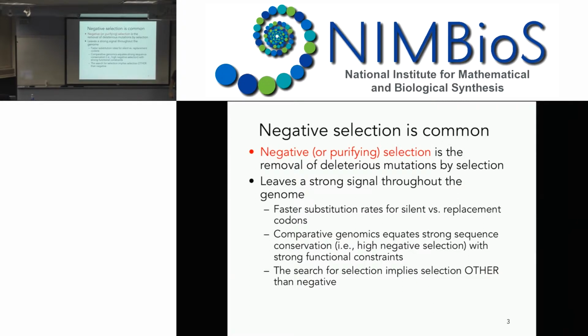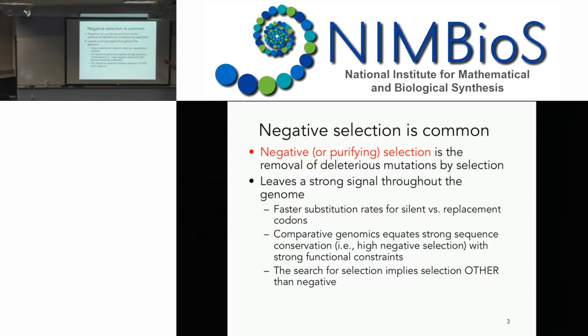A conserved non-coding region means that region, for whatever reason, is under selection. Otherwise, the sequence would diverge. So regions of the genome which are conserved for long periods of time are under purifying selection. A lot of those turn out to be in non-coding regions, and we're not quite sure what they do. They're probably involved in regulation at some level.